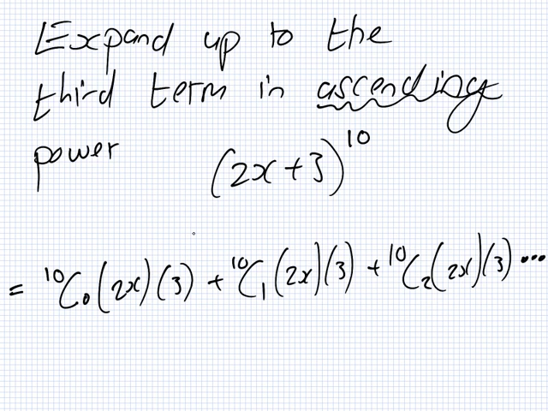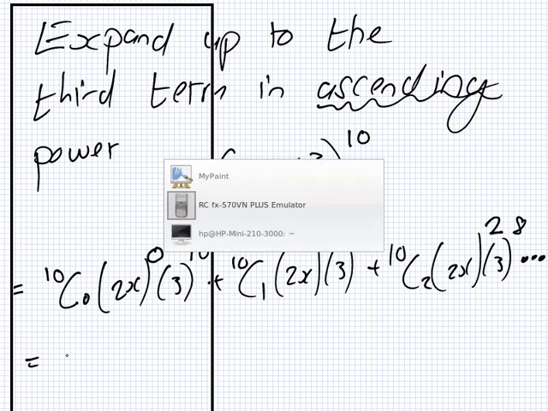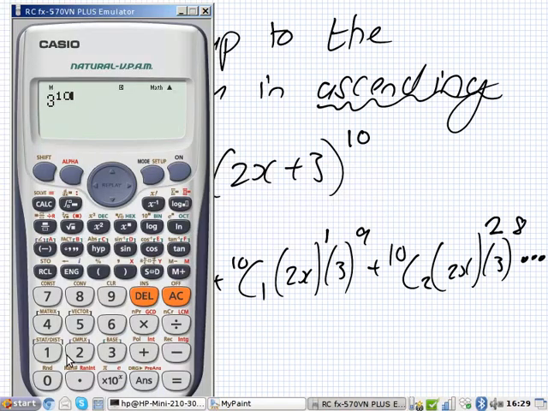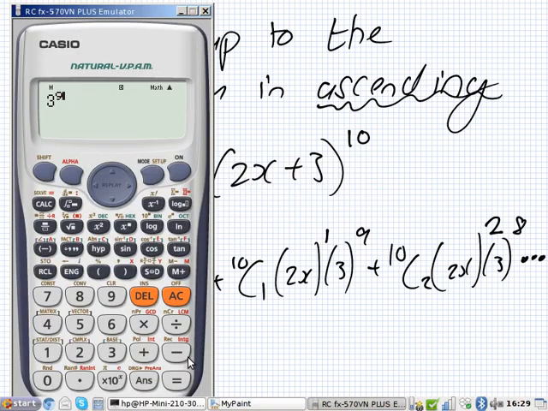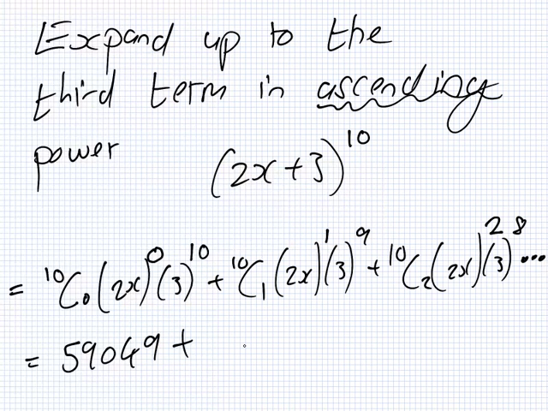Now, powers. What power here? 10 or 0? 0, ascending. And what power here? 10. And 8. Okay, so the first one will be a big number. 59,049 plus 393,660.